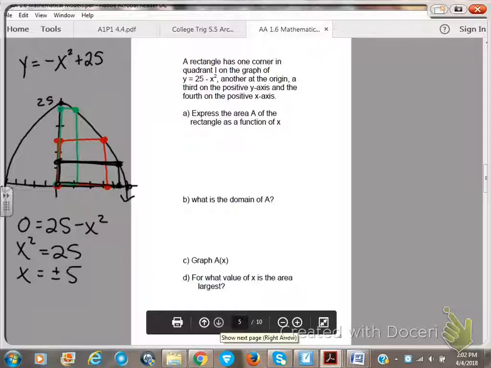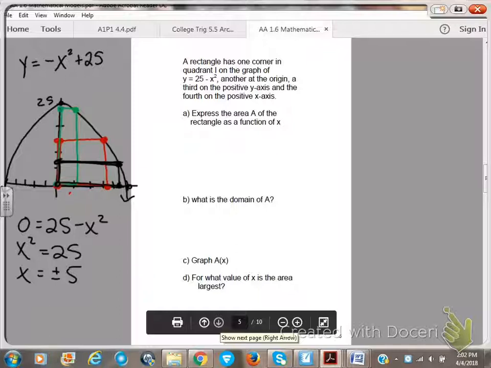It wants us to express the area A of the rectangle as a function of x. Well, how do you find the area of a rectangle? Length times width. Now, this would be the width. But what might be a better variable to use instead of W? X, because we're on the x-axis. When you go left and right, that's your x.